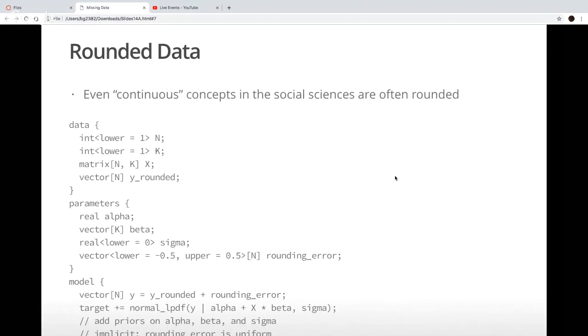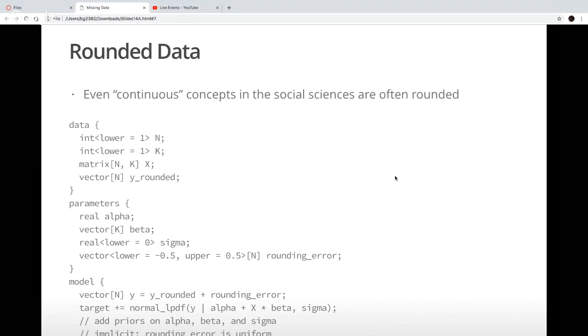So another situation that comes up a lot is we have variables in the social sciences that are treated as if they're continuous, but they're actually rounded, maybe not to the nearest 1, but they could be rounded to the nearest 1,000 or whatever.